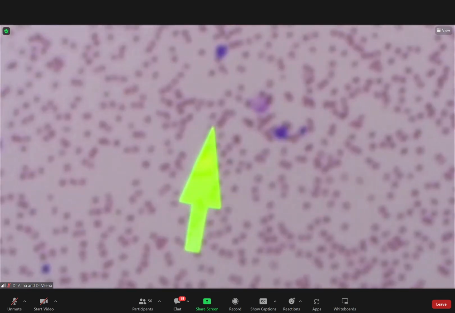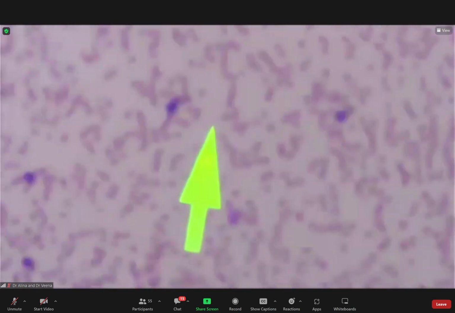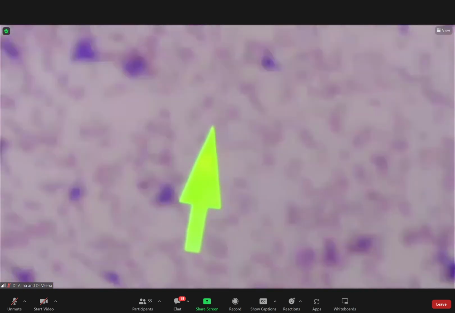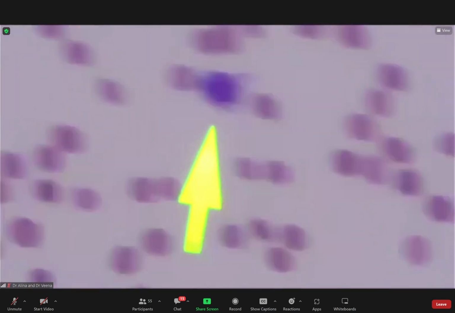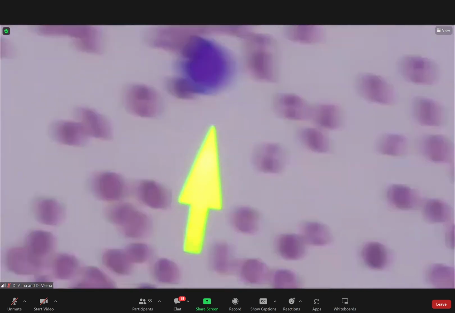Next case is a 67-year-old man who presented with high white cell count. So again, patient has leukocytosis, but when we look further inside, these are actually lymphocytes, right?